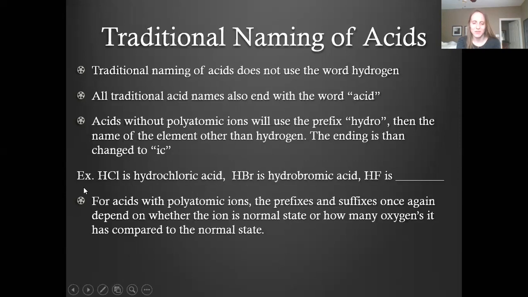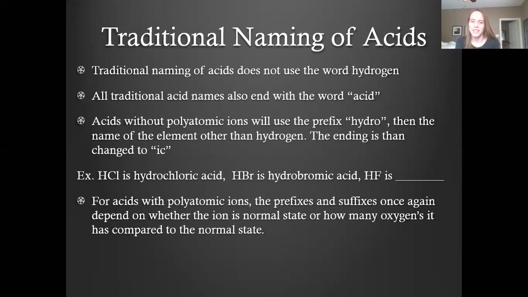Hydro to represent the H, chloric to represent the chlorine, and then traditional names always end with acid. HBr is hydrobromic acid. Pause for a second and see if you can figure out what HF is.